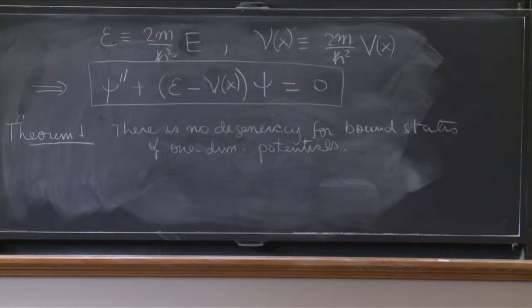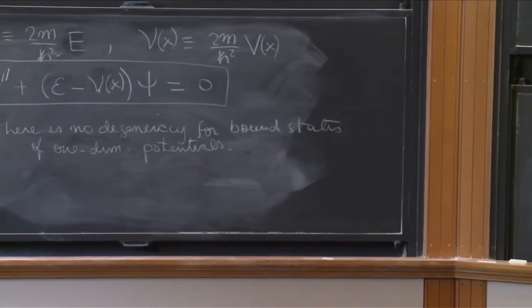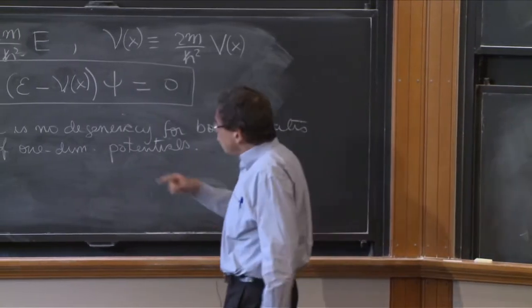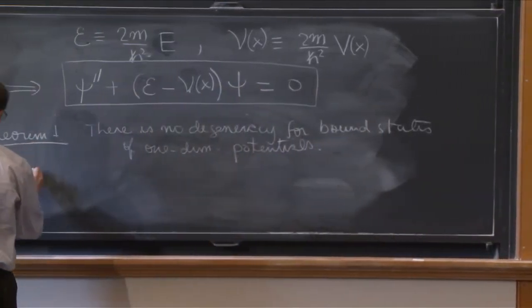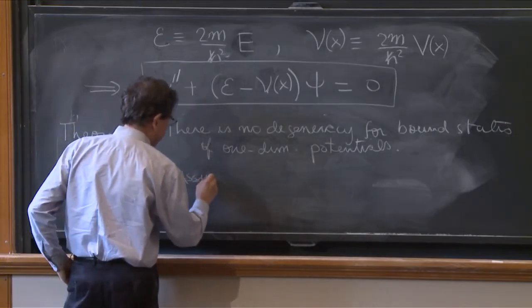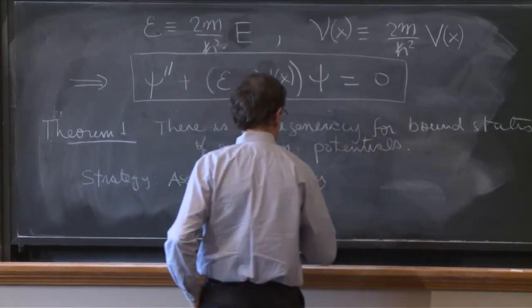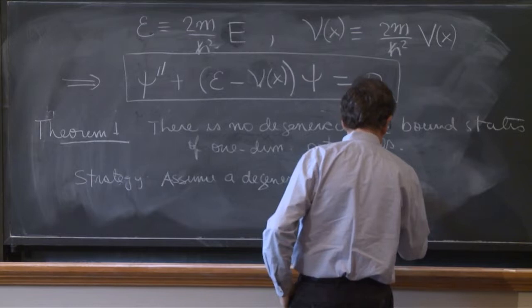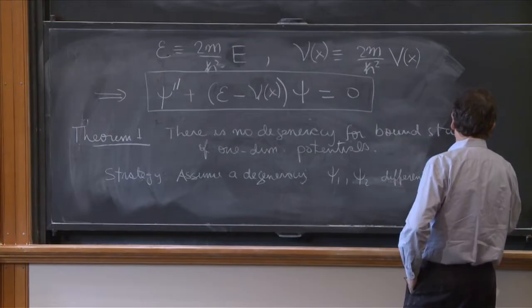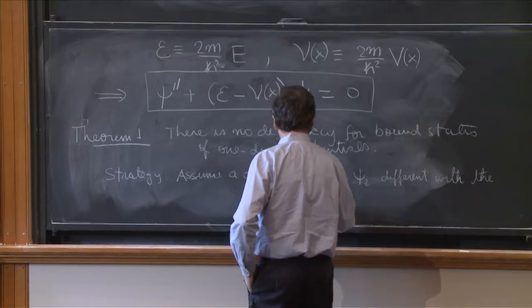So what is the strategy to a proof? We want a rigorous proof. I will not go through the proof. The strategy is to assume a degeneracy. So there's psi 1 and psi 2, different, with the same energy.